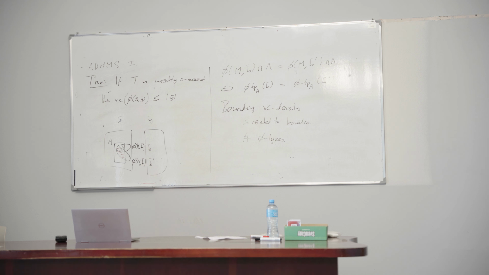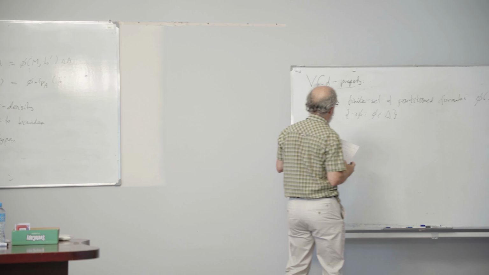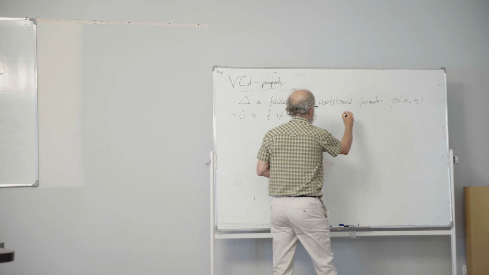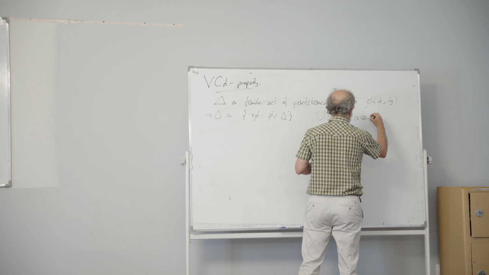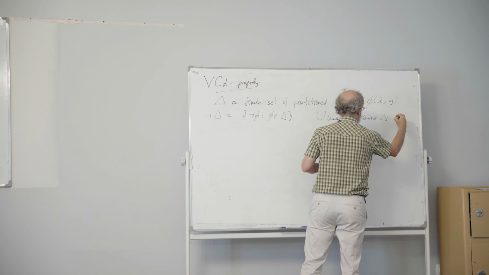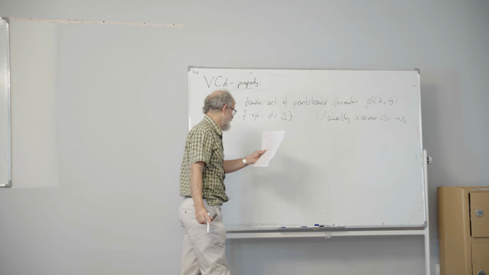Then not delta is just going to be the formulas not phi for phi in delta. And usually we will assume delta equals not delta, so we close up under negation.